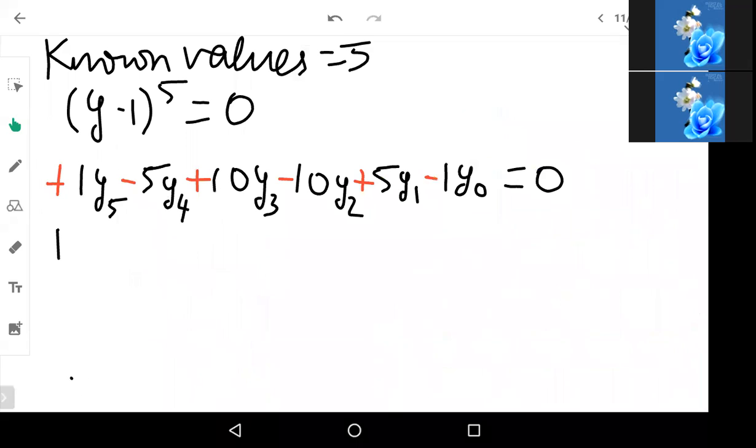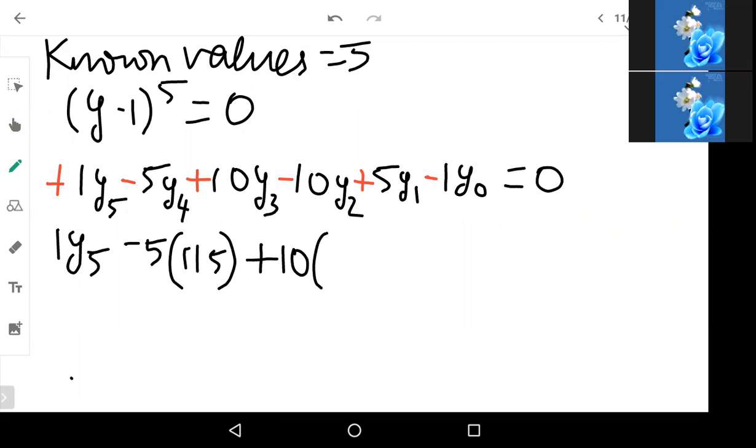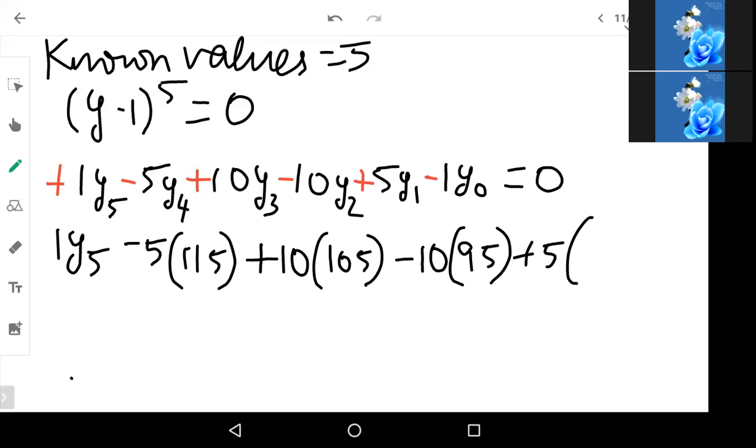Okay, now let's start. In the place of y5 it will be y5 only, minus 5 into y4 is 115, plus 10 into y3 is 105, minus 10 into y2 is 95, plus 5 into y1 is 85, minus 1 into y0 will be 75.